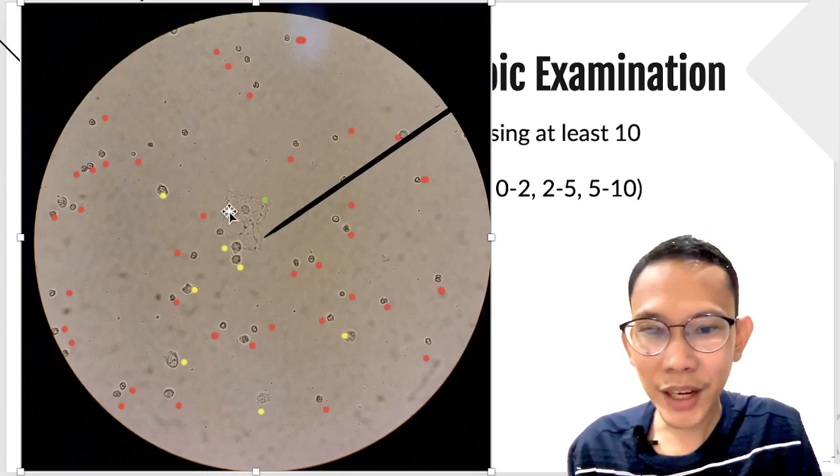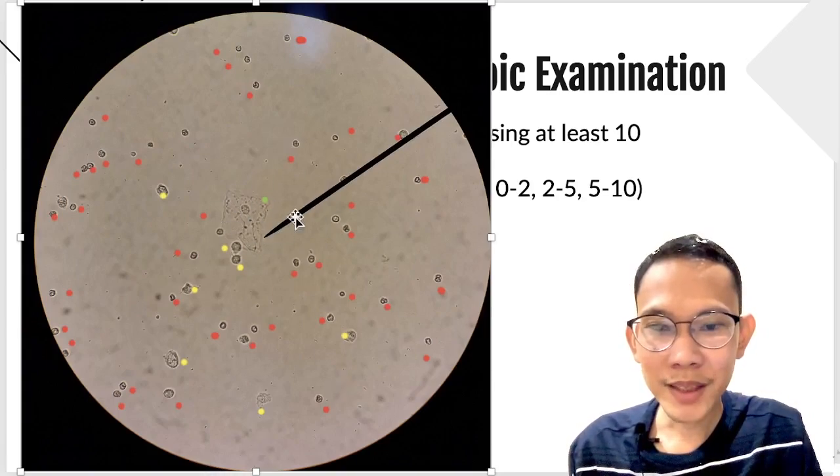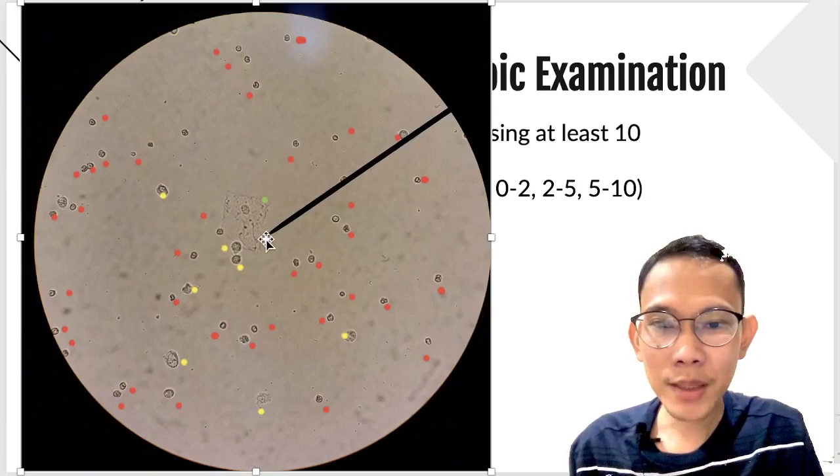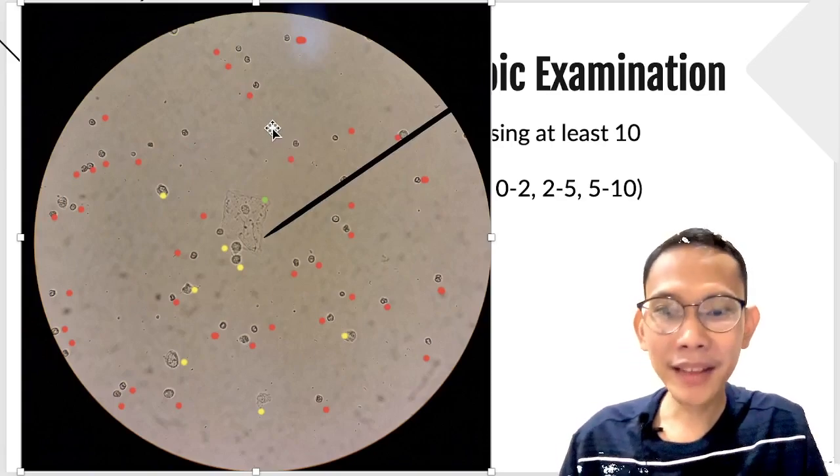Okay? Sige, let's identify. Ano tong cells na to? That is your squamous epithelial cells. Actually, this is in LPO nito. So, this is your squamous epithelial cells. What are these ones? Yung yellow dito. Those are your WBC. Eh, ano yung nakalagay na pula dyan? Itong mga may pula-pula, that is your red blood cells.